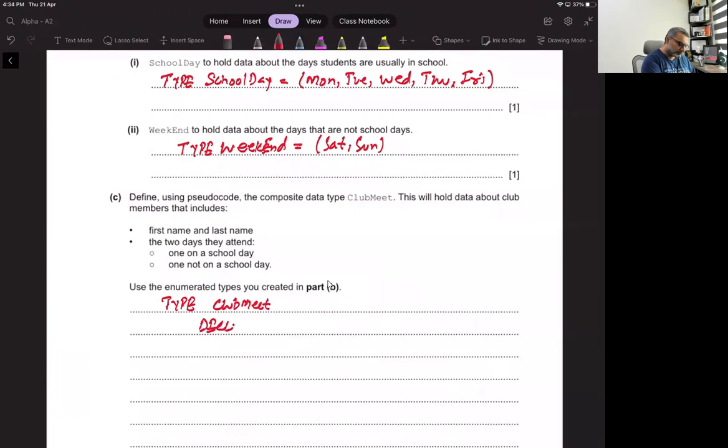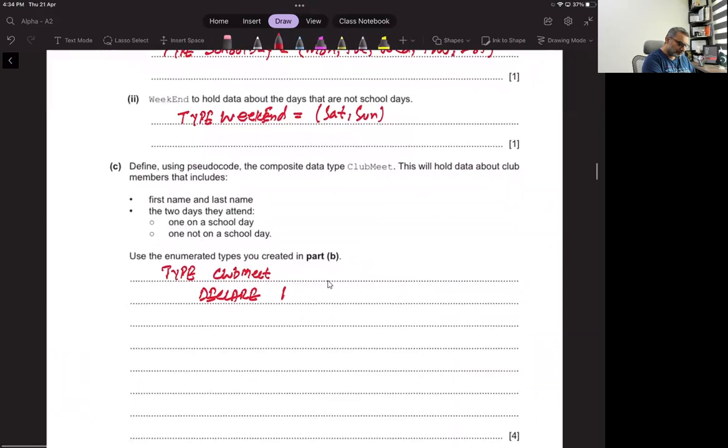Declare first name as a string. Declare last name as a string.